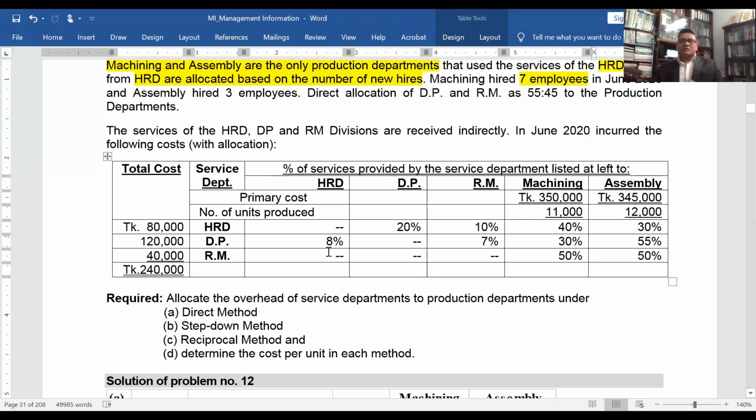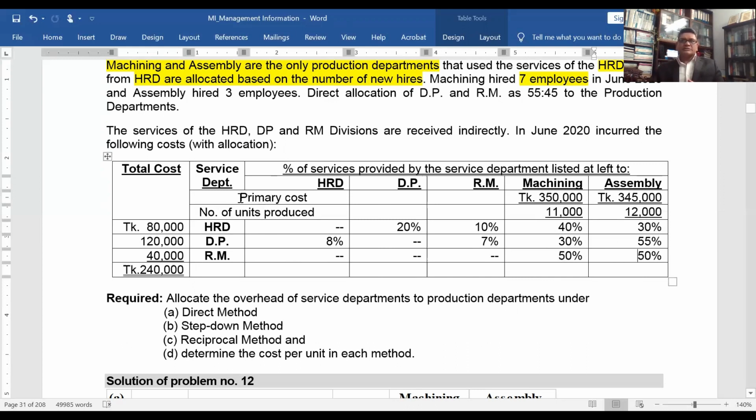And data processing department: 8% for HRD, 7% for risk management, 30% for machining, and 55% for assembly. And risk management department: 50% directly for machining and 50% for assembly department. That means two are the production departments.